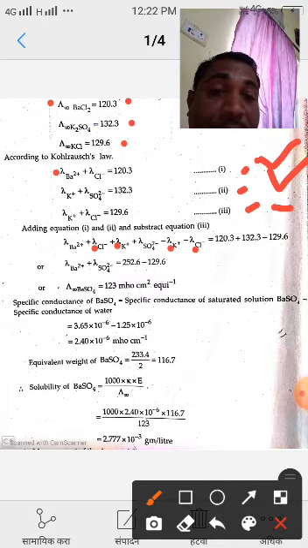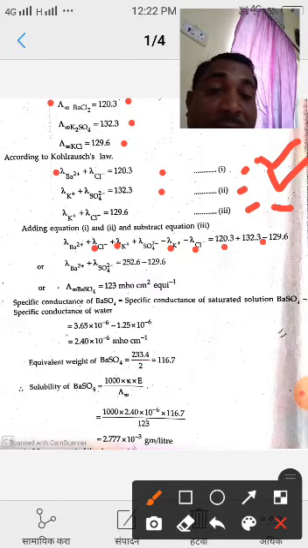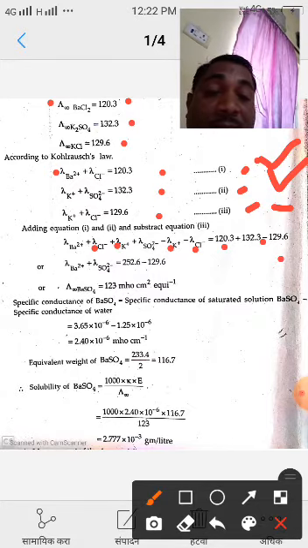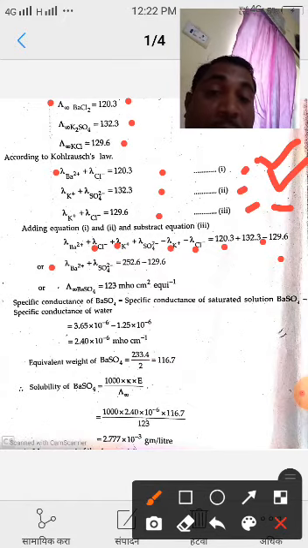Therefore, if we add the two values, 120.3 and 132.3, and subtract the third value 129.6, the remaining terms are the ionic conductance of barium dipositive and the ionic conductance of sulfate negative ion, equal to 252.6 minus 129.6.